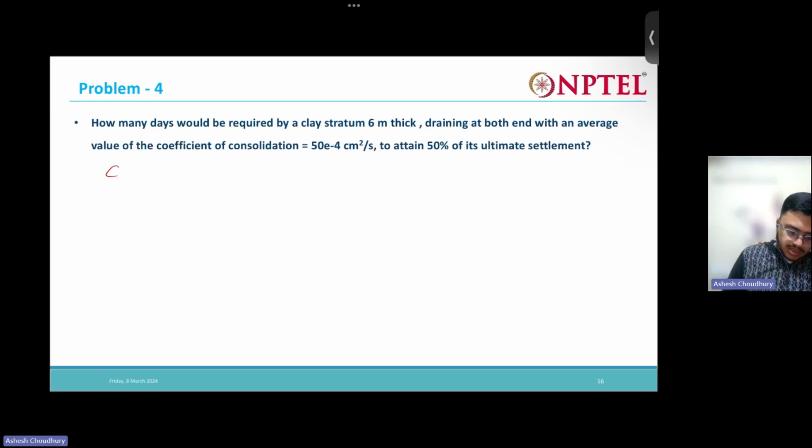First, what is given? The coefficient of consolidation, CV, is the first thing given. Next, it is asked to attain 50% of the ultimate settlement, meaning when the degree of consolidation is 50%, we have to find how many days will be necessary.